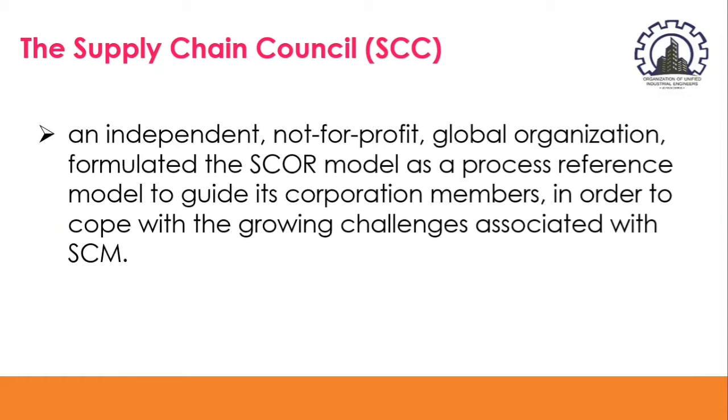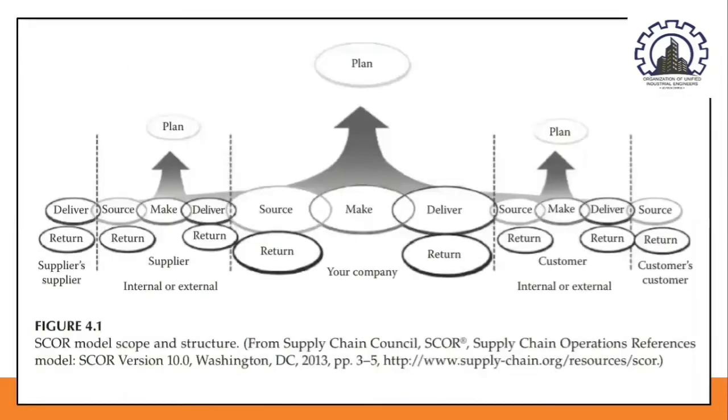Now, as you can see in Figure 4.1, it illustrates the SCOR, or the Supply Chain Operations Reference model. The SCOR model shown in Figure 4.1 guides companies in executing 5 processes according to a series of SCM standards. Try to take a look at the middle portion of the figure.